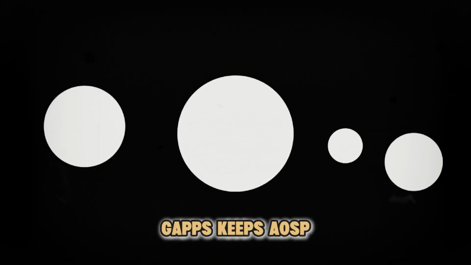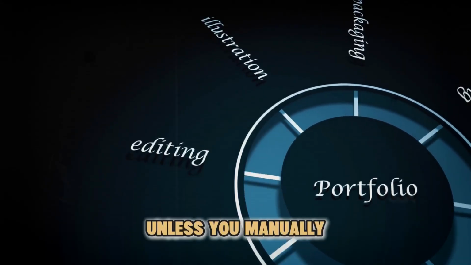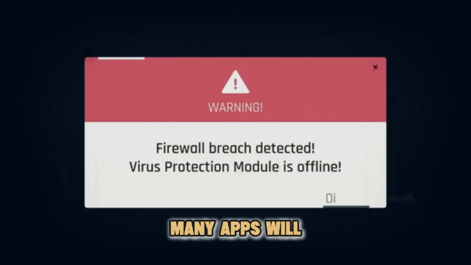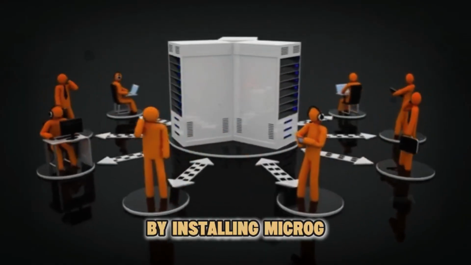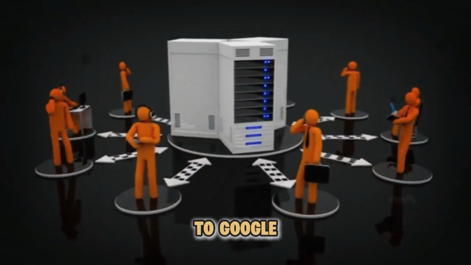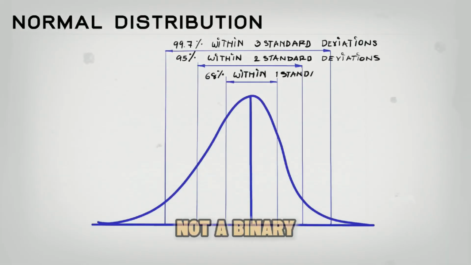LineageOS without gapps keeps AOSP defaults, meaning you get Google captive portal check and NTP unless you manually change them. Many apps will fail to function without GMS, which some users work around by installing microG, which then reconnects to Google. The realistic interpretation is that degoogling is a spectrum, not a binary.